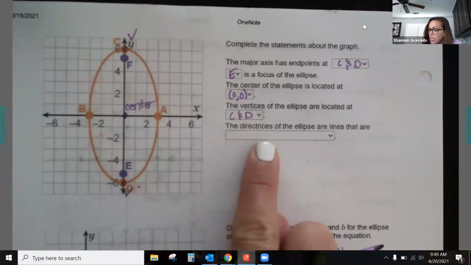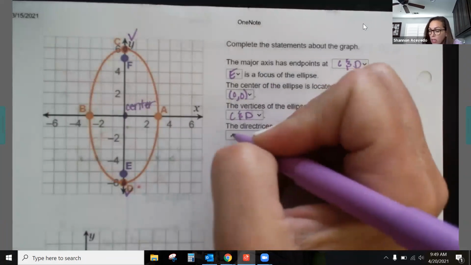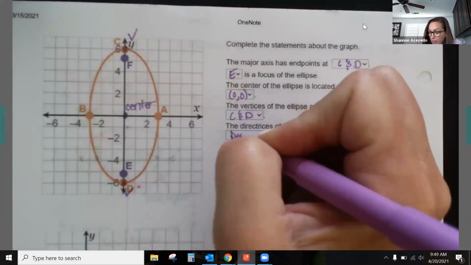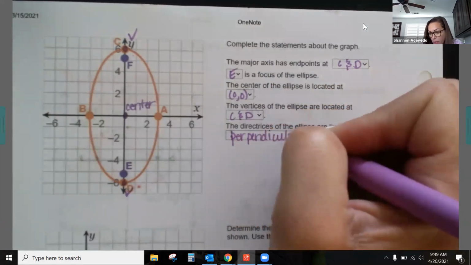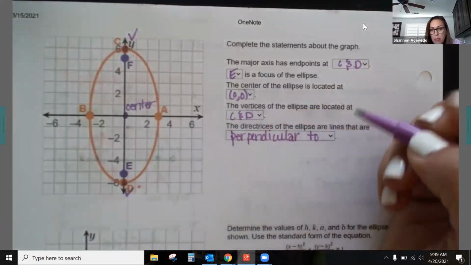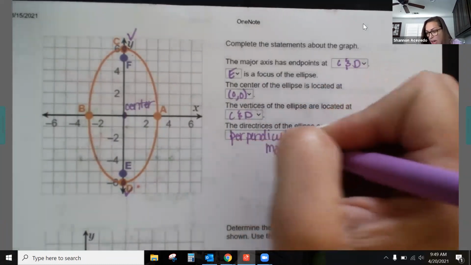The directrices of the ellipse are lines that are going to be perpendicular. It is multiple choice, so the wording would have been there for you, or a drop down menu. So it's perpendicular to the major axis.